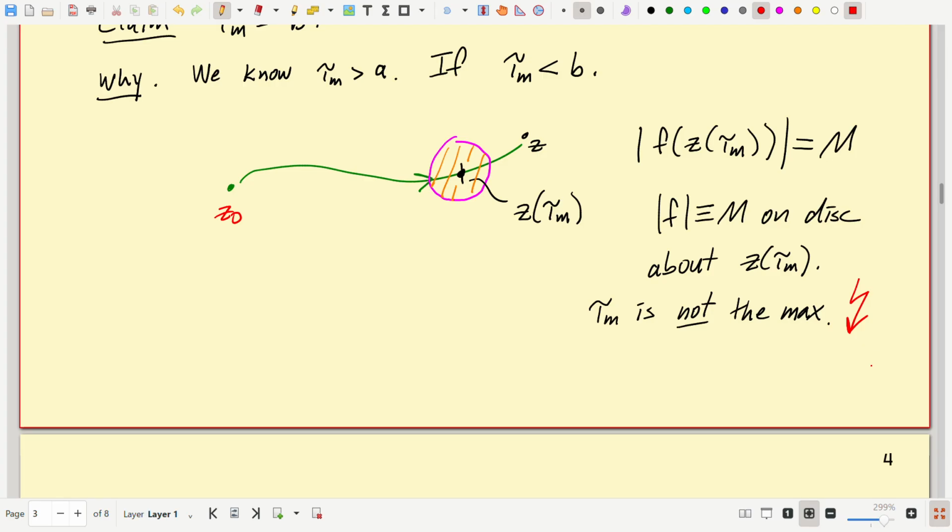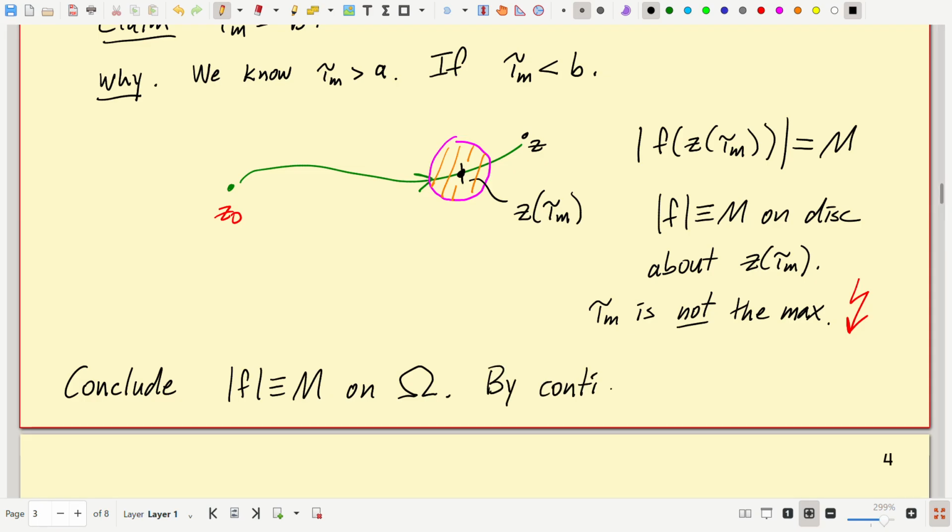And so what I've shown you is that we conclude f is identically equal to M on omega. And so by continuity, it's constantly equal to M on the closure too.